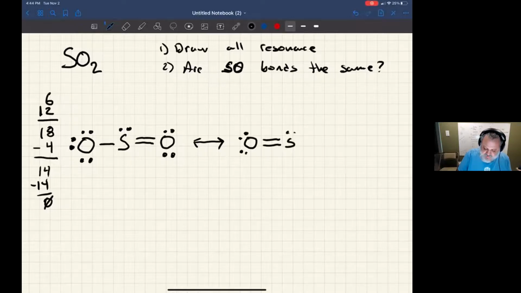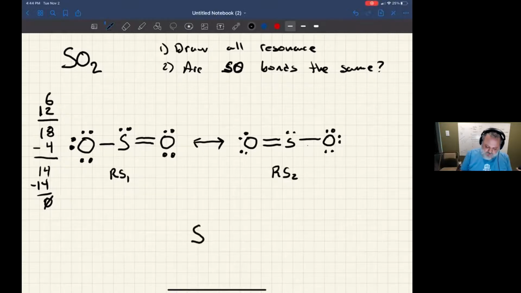The answer is yes, absolutely, I could have. And this is an example of resonance in introductory chemistry. So here are both of the resonance structures: resonance structure 1, resonance structure 2.